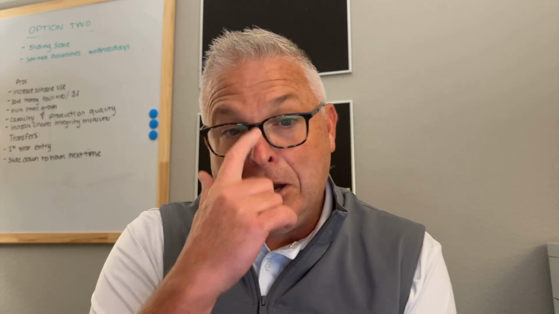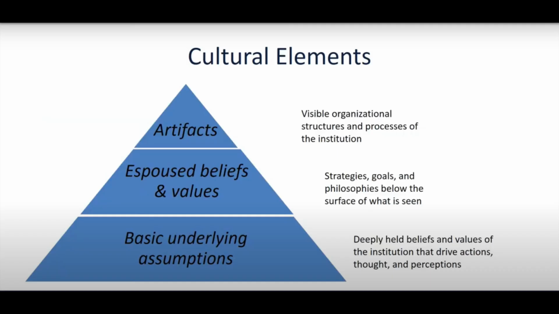Your main assignment in Module 1 asked you to analyze an institutional setting and compare official representations, like mission statements or web language, with the reality on the ground. Often, discrepancies in that alignment point to cultural dynamics. To deepen our understanding, we turn again to Schein, who conceptualizes culture as an iceberg.